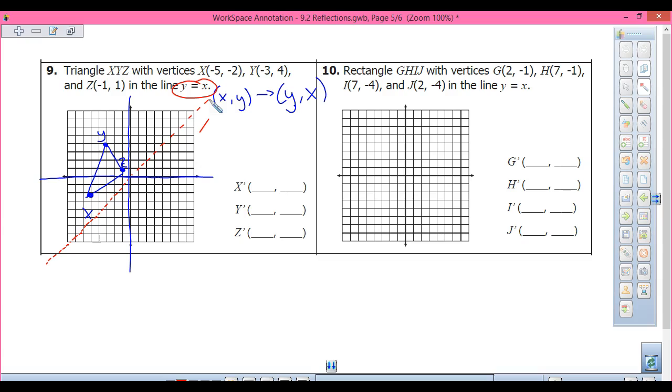Okay, so all I'm going to do is take my x and my y and flip it. So x prime is going to be -2, -5. Y prime is going to be 4, -3. And z prime is going to be 1, -1.